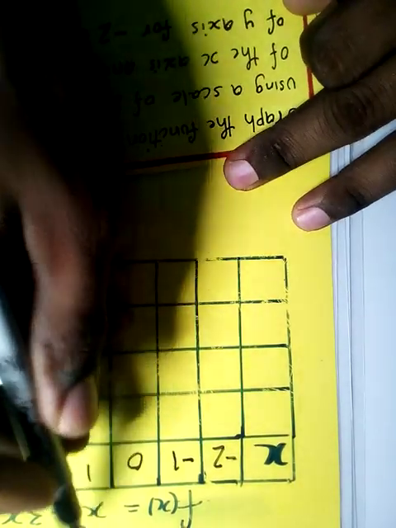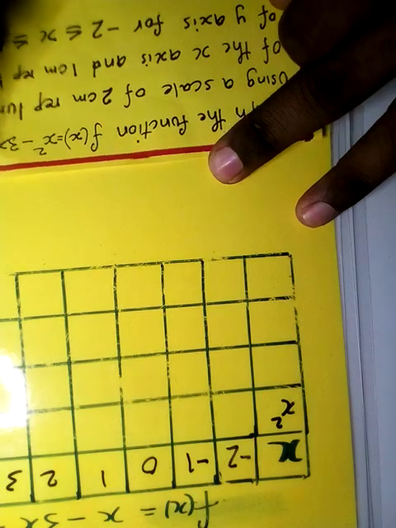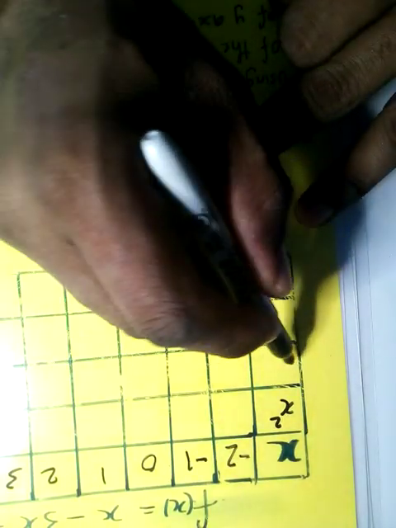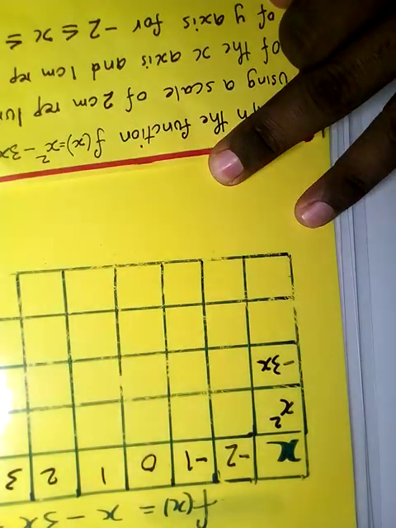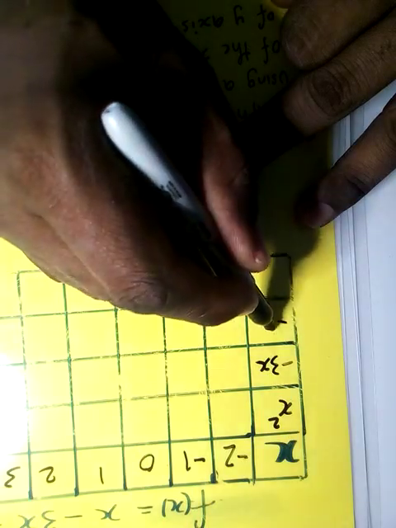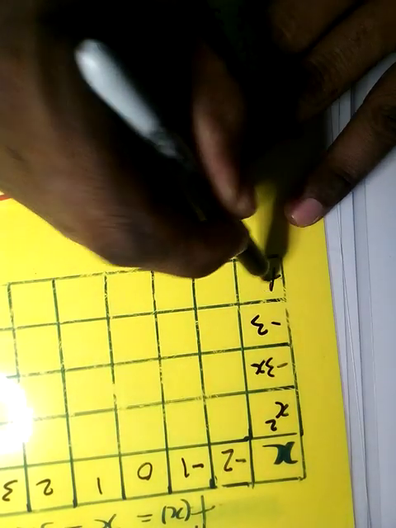The x squared term is going to come here, negative 3x is going to come here, and negative 3 comes here. And then f of x, which is the same as y, goes in the final box. This is where I said that your skills of substitution will be necessary to fill out these boxes to complete the table values.